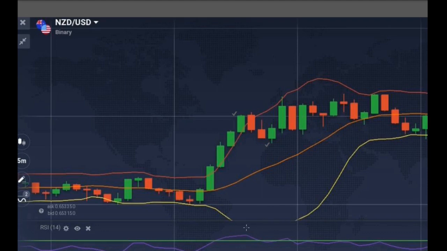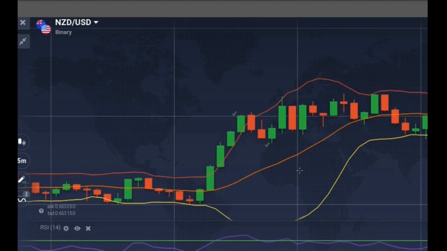Okay, so you are waiting for a divergence to form. So this divergence has formed. Then you're waiting for a confirmation candle to form immediately after the divergence.